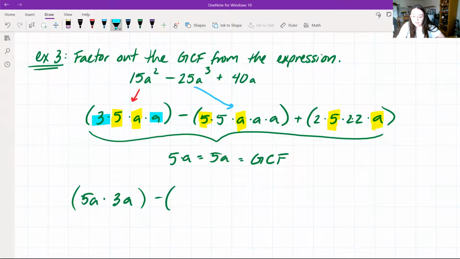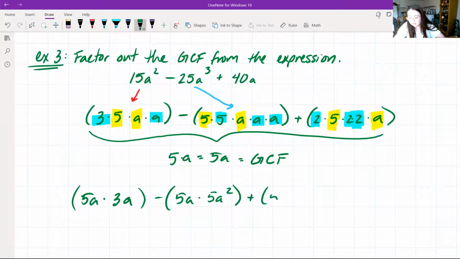Minus 5a times 5a times a, which is going to be 5a squared. And then lastly, plus 5a times 2 times 2 times 2, which is just going to be 8. So we have 5a times 8.